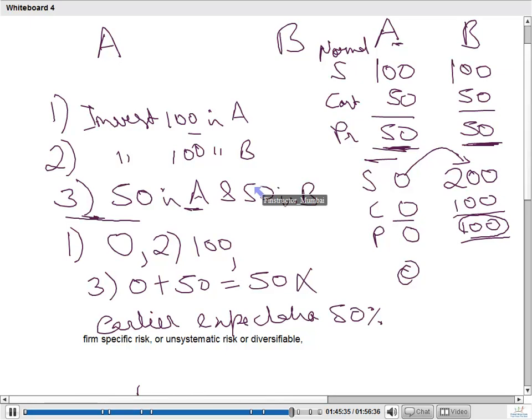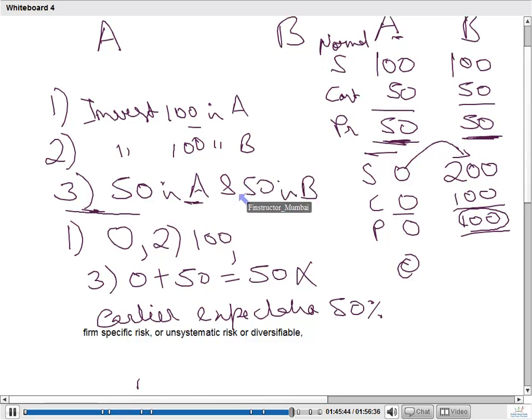So, firm specific risk is not a risk that a diversified investor has to bear. By simply diversifying his portfolio into many stocks, he can do away with that risk. Market risk he can do nothing about. Market risk cannot be diversified away. It will still remain. If the economy as a whole goes up or down, then it doesn't matter how you invest, 50% in A or 100% in A or 50% in A and B, your portfolio will fluctuate with the economy.